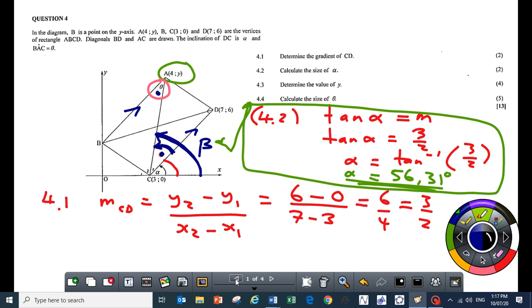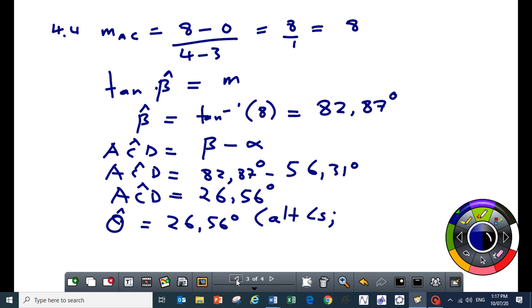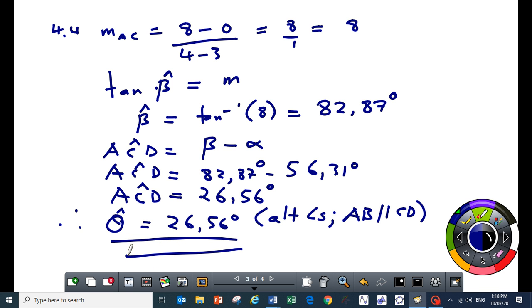It will be AB is parallel to CD. So you can write therefore theta is equal to that, and then you are done. That's your final answer. Is it a level 4 question? Yeah, it's a high order question.